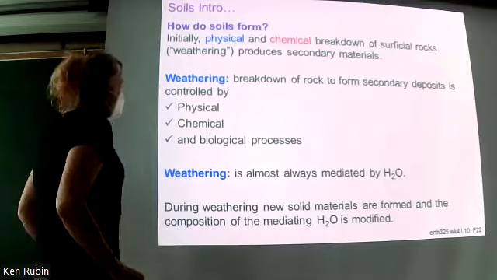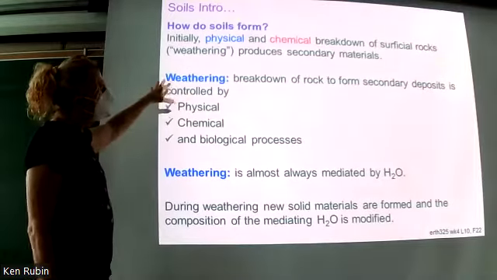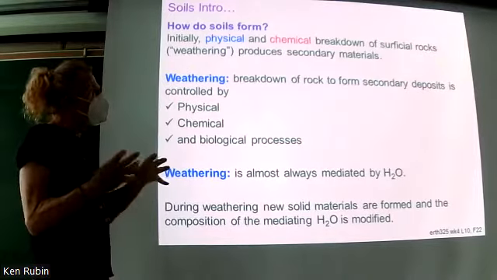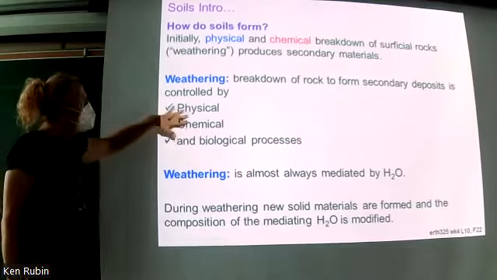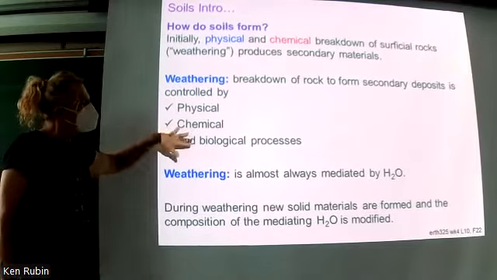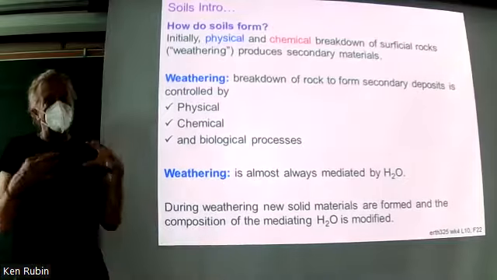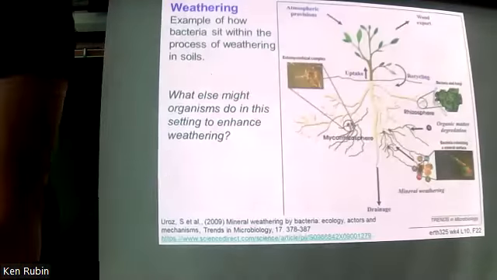And the weathering of those particles, this is just a repeat of a slide from last time. I just kind of want to remind you that the making of that inorganic material, there's physical things going on, there's chemical things going on, and there's biological things going on, and they all involve kind of water, right? There's water involved.